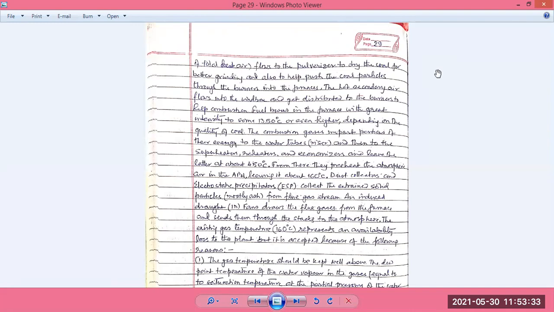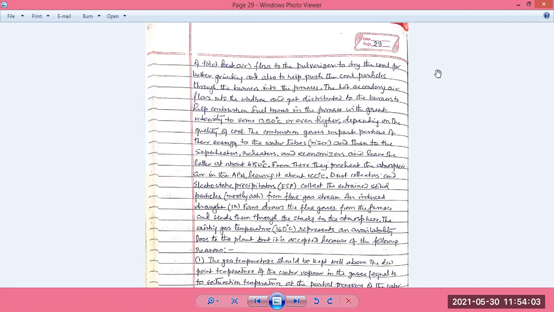First of all, 15 to 30% of it is sent to the pulverizer, where we dry the coal properly because the coal we receive is mostly wet. In the pulverizer it is dried, which makes it useful for better grinding and also helps carry the coal particles to the burners in the furnace itself.